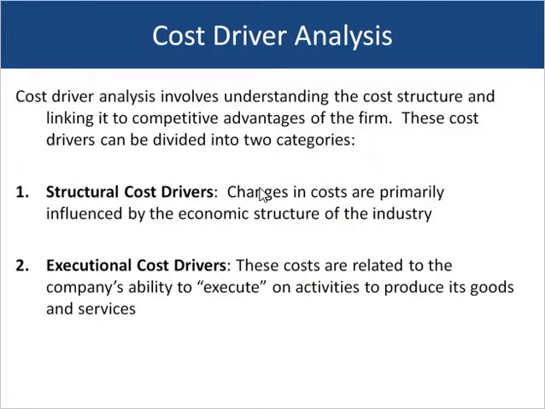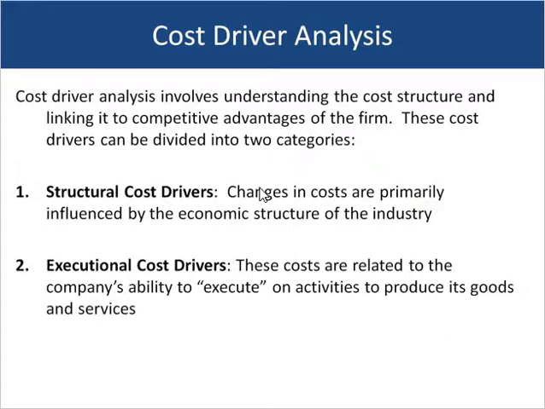Cost driver analysis is the last vector, and when we think about cost driver analysis, folks try to divide it into two buckets. One is structural, so these are primarily influenced by the economic structure of the industry. The name of the game is, not much you can really do. These are all external factors that influence your cost.